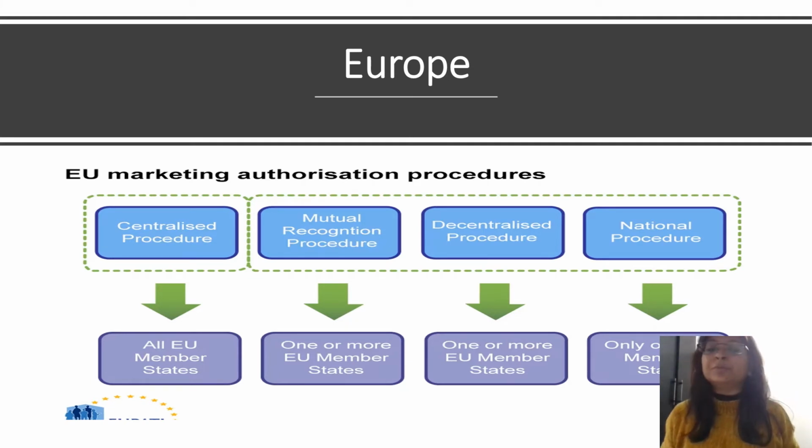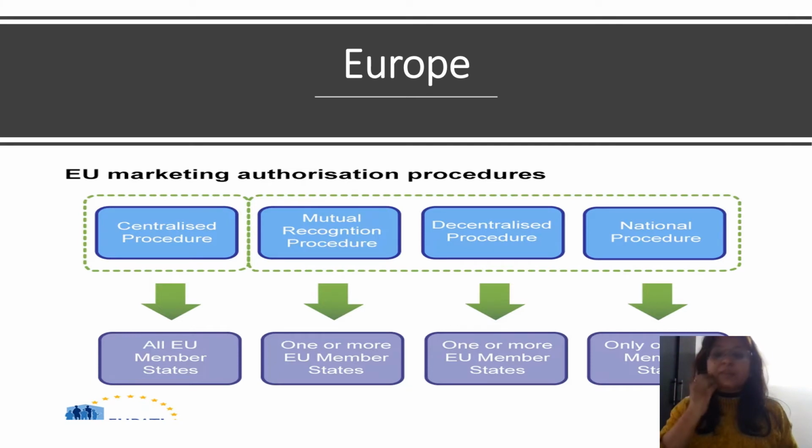If you apply through the mutual recognition procedure, you will be reaching more than 1 member state. With the decentralized procedure, you will again be reaching more than 1 member state. Through the national procedure, you can target just a single country.